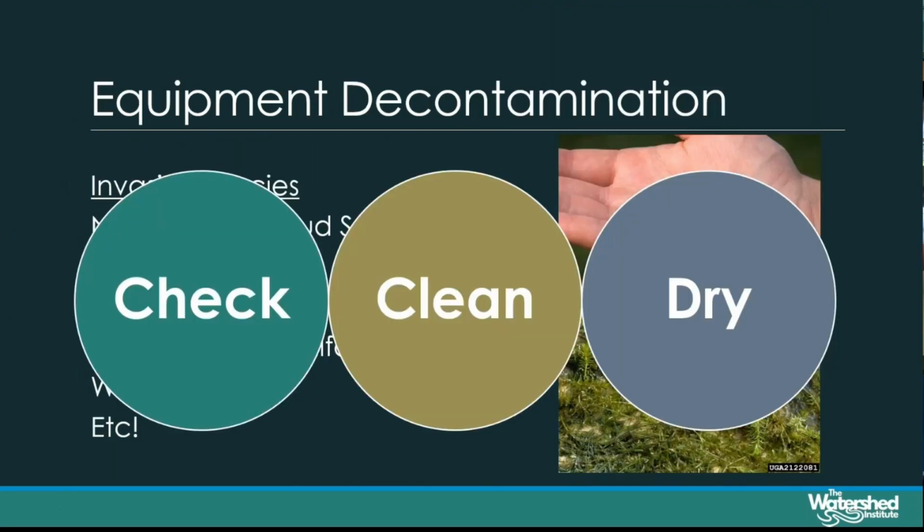Another thing to consider at your site is the concept of decontamination to prevent spreading invasive species. Invasive species are everywhere. They're terrestrial as well as in the water. So anytime that we go into a water body, we want to act like there's invasive species in that water.